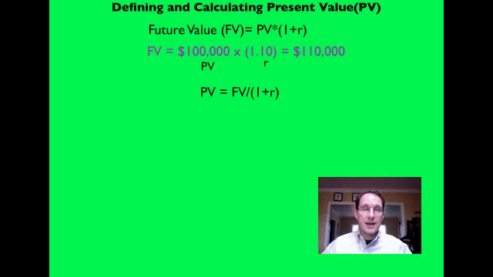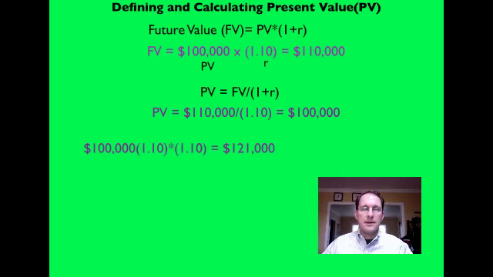Now, let's move that equation around a little bit. You get present value equals future value over 1 plus the interest rate. So the present value of the $110,000 is nothing more than $110,000, or future value, over 1 plus the interest rate, $100,000.